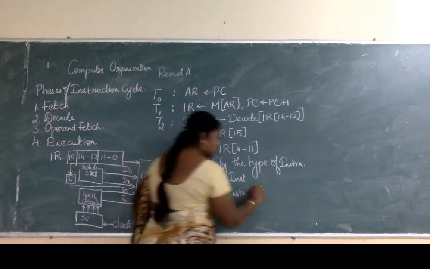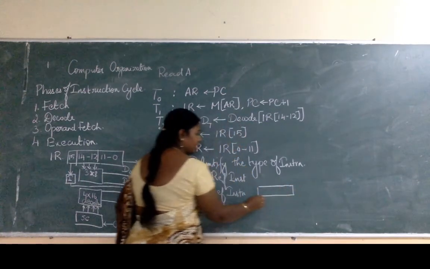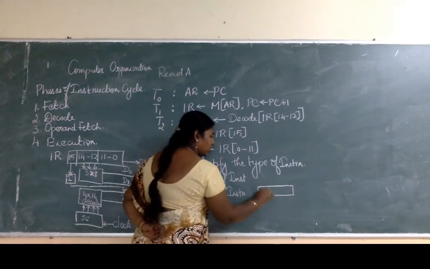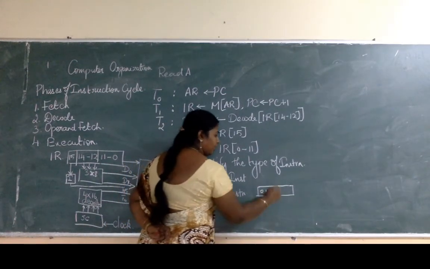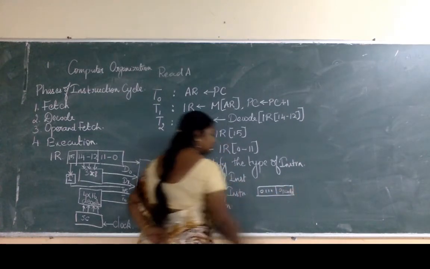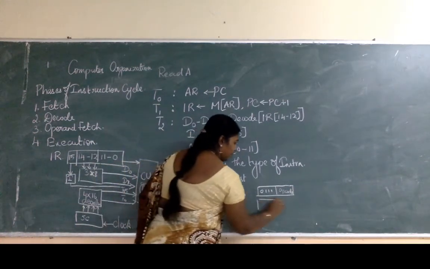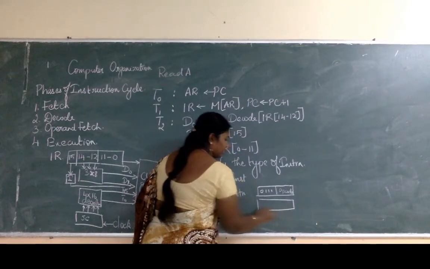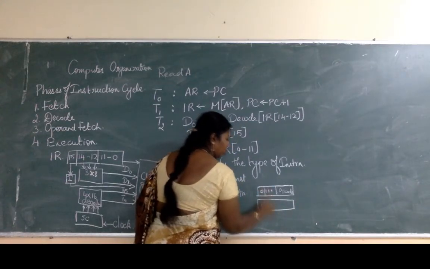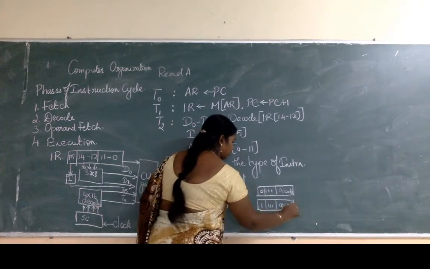Now, we have already seen in the instruction format that for a register reference instruction, the first 4 bits are set to 0, 1, 1, 1, followed by the opcode or the register reference operation. For an input-output instruction, this value is going to be 1 followed by 3 ones and then the opcode.